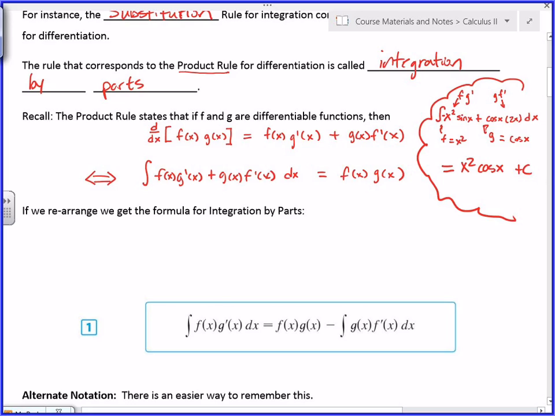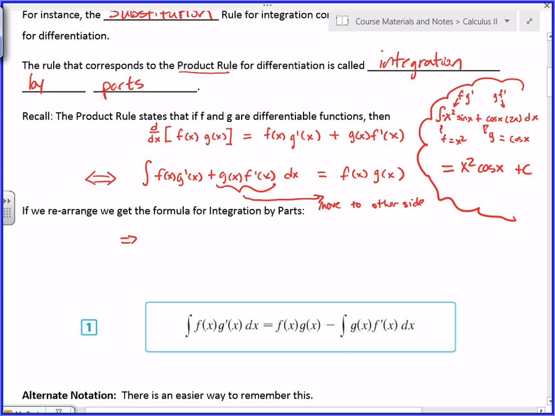But what you can do is, I'm going to take this part right here. I'm going to split it off as a separate integral. Since it's added together, I can do that. I'm going to move it to the other side. So I'm going to rearrange, and it's going to give me what's called the formula for integration by parts.